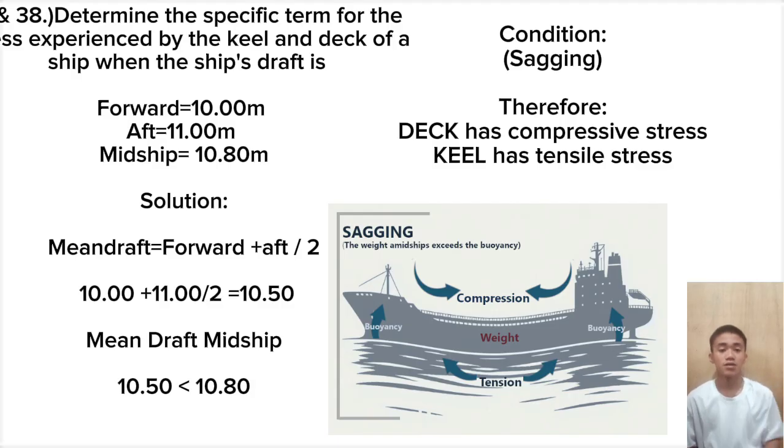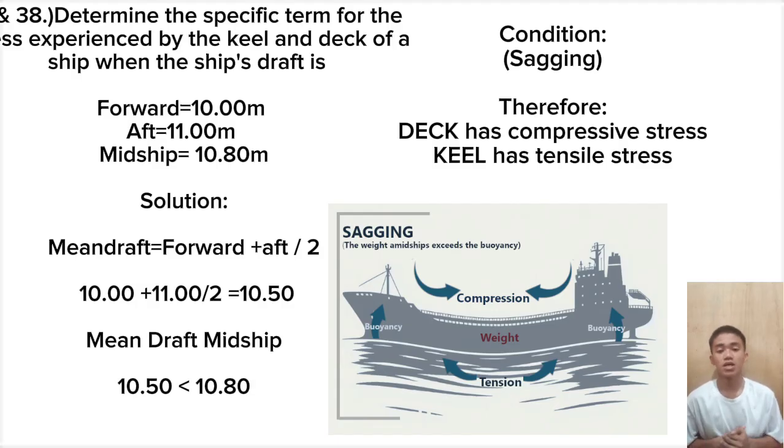Let's now apply what we learned to your specific questions 37 and 38. The given drafts are forward 10 meters and after 11 meters, and the midship is 10.80 meters.